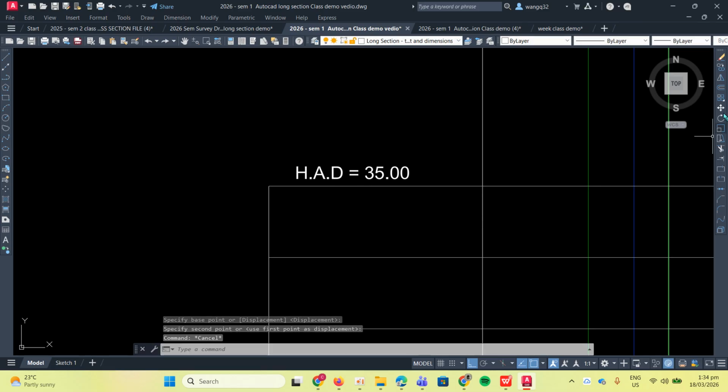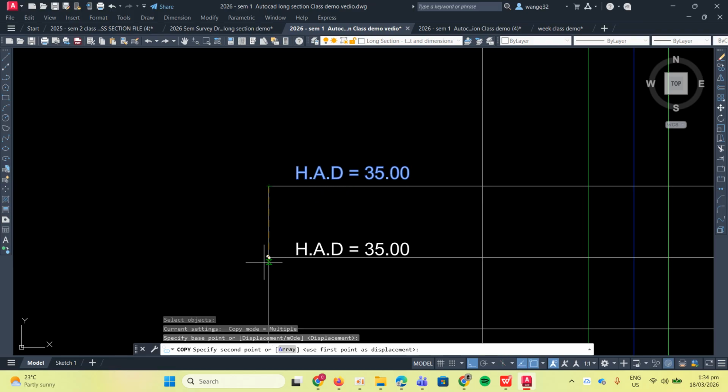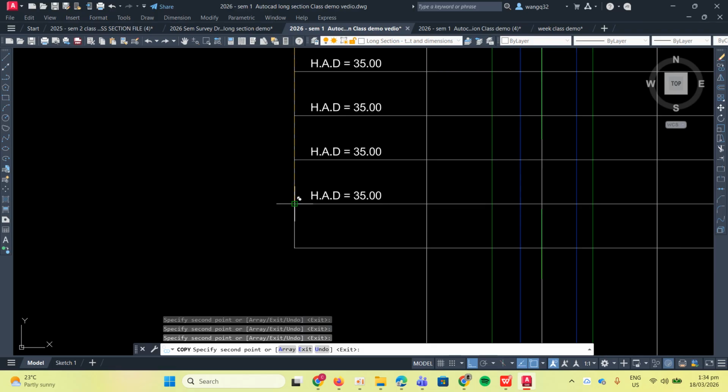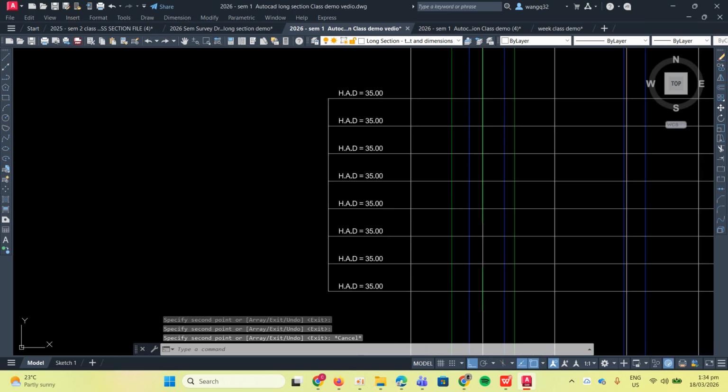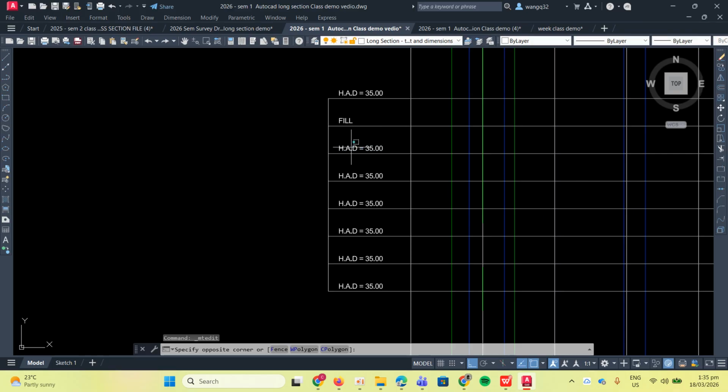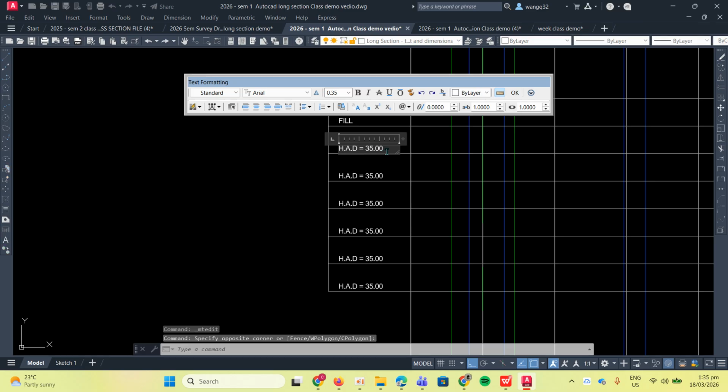And then after that, I can copy my HAD. I can copy this one. Suppose that's our base to here, to here. So just copy the text to each row. The second row will be our fill. Next one, cut.